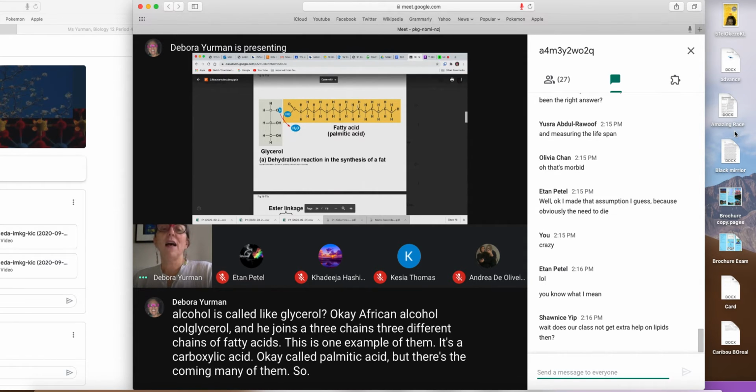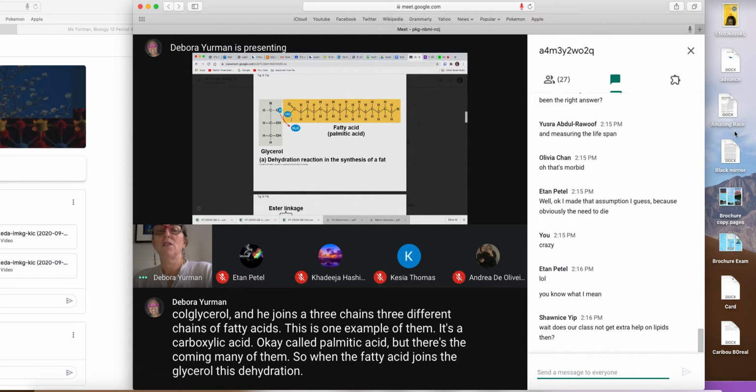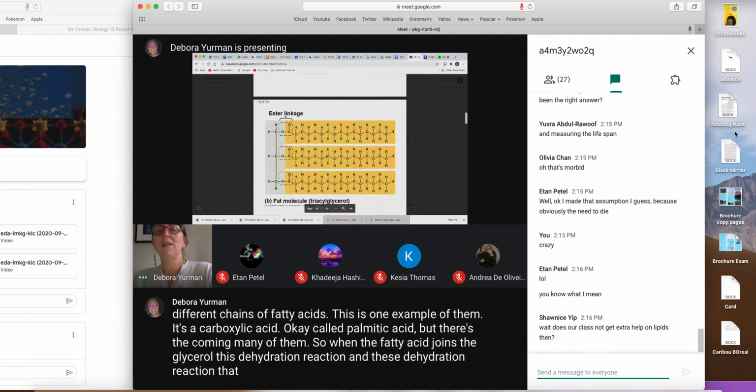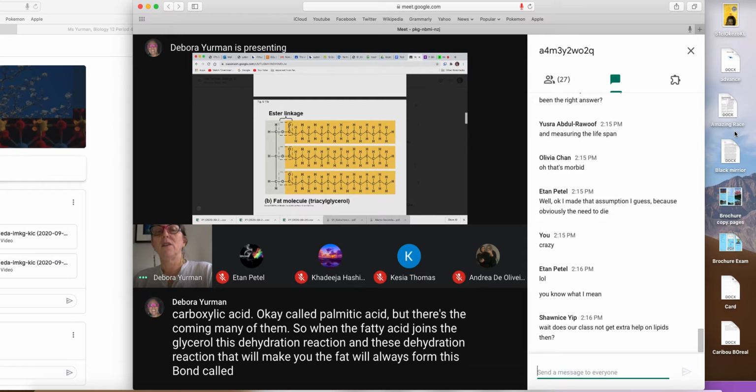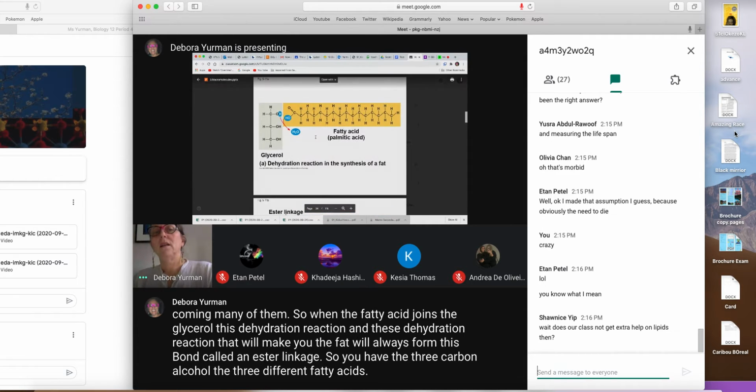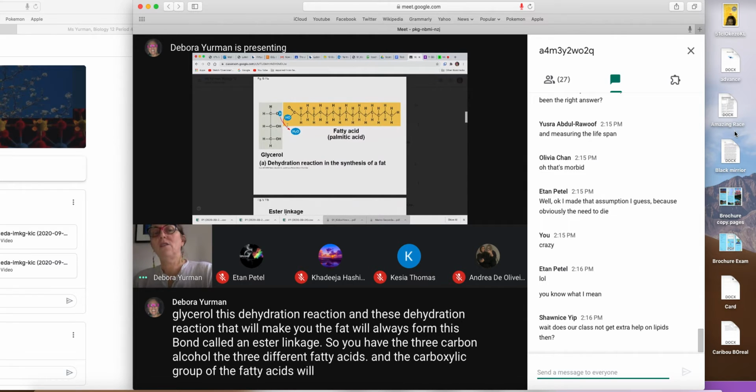When the fatty acid joins the glycerol, this is a dehydration reaction. This dehydration reaction that will make you the fat will always form a bond called an ester linkage. So you have the 3-carbon alcohol glycerol and the 3 different fatty acids, and the carboxylic group of the fatty acids will donate the hydroxyl.